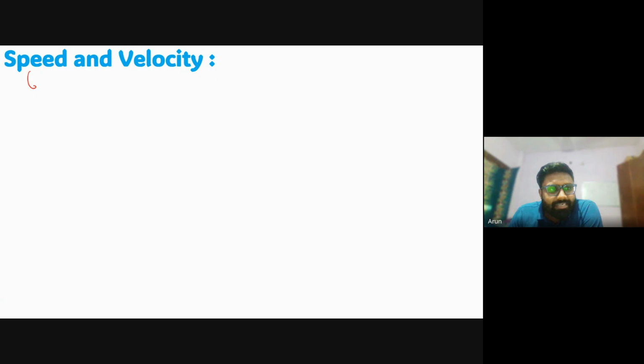So speed is nothing but change of distance with respect to time. All our vehicles are changing their position, and the change of position is the distance covered. So they are changing their distance per unit time, which is speeding.